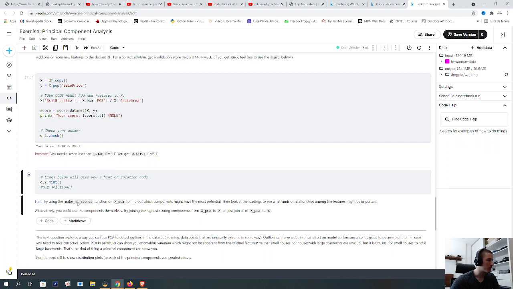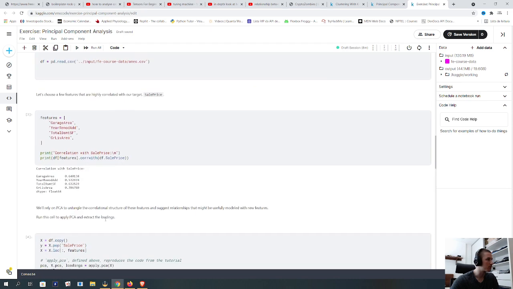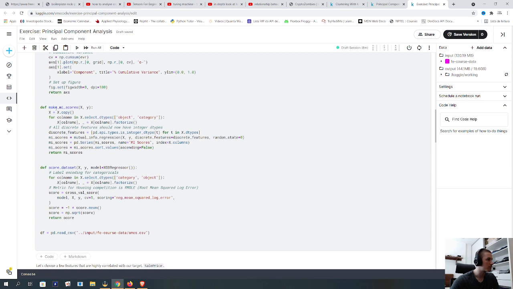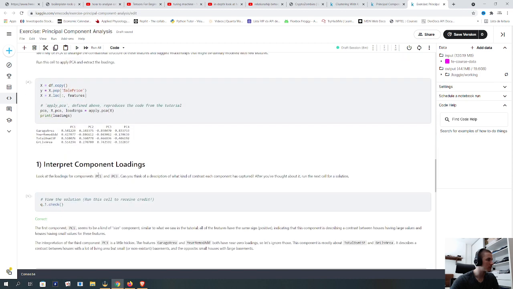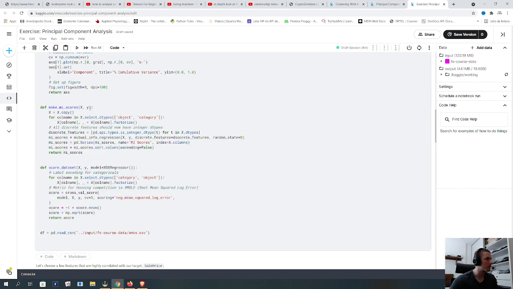Try using the make_mi_scores function on X_pca to find out which components might have the most potential. Make MI scores. So it's this function.